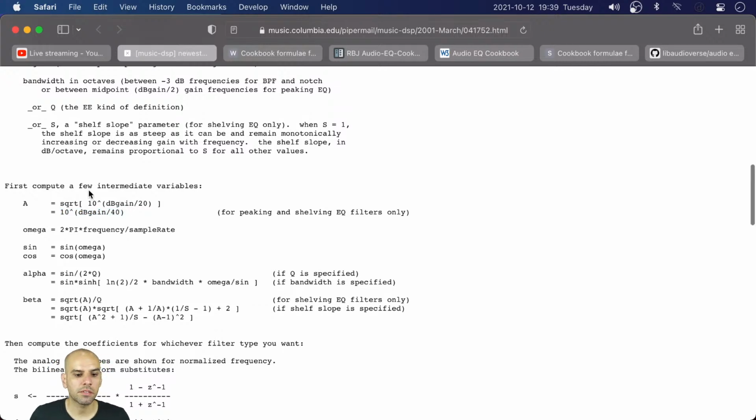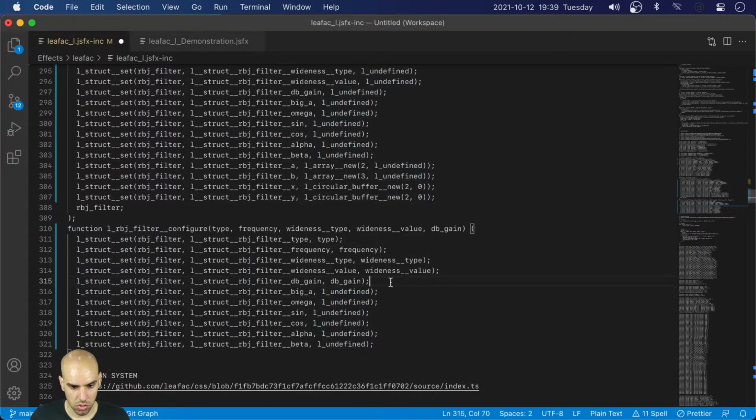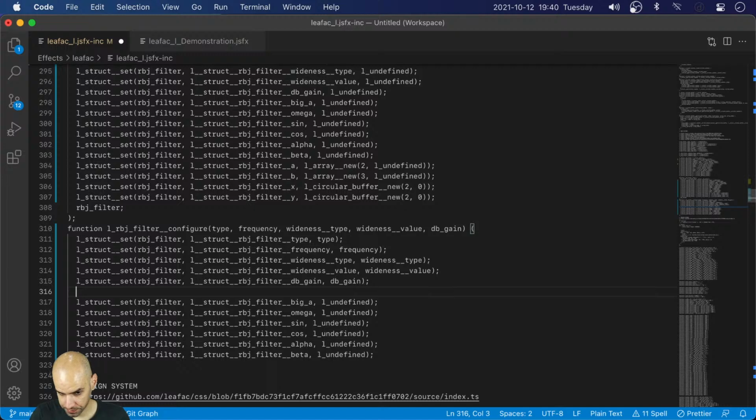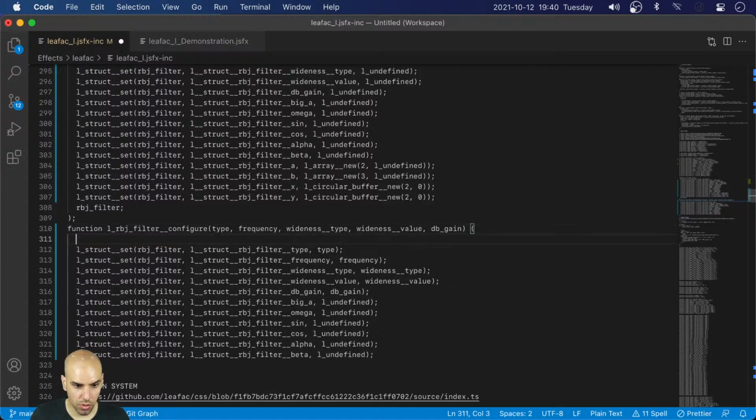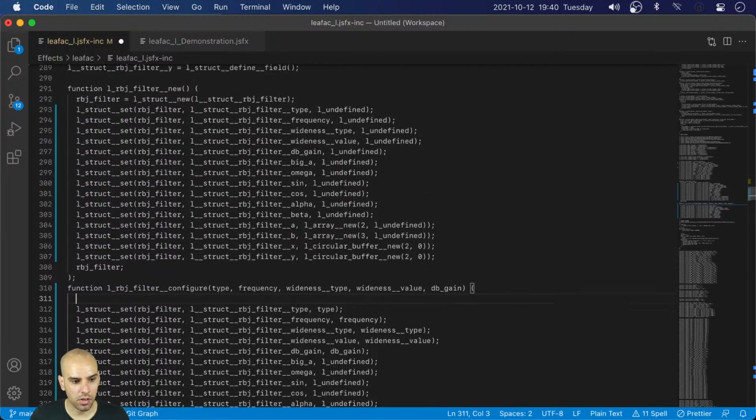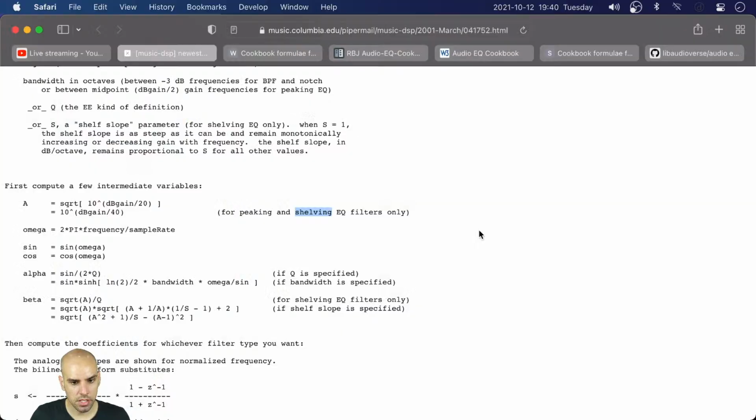So here I have a couple of things. I need to check if I am on a peaking or shelving EQ. So maybe let's do that before I even try to set up, because now there are error conditions. So I should check this.